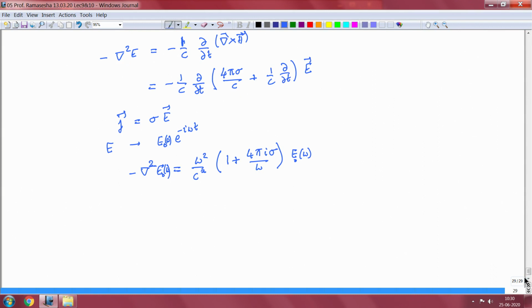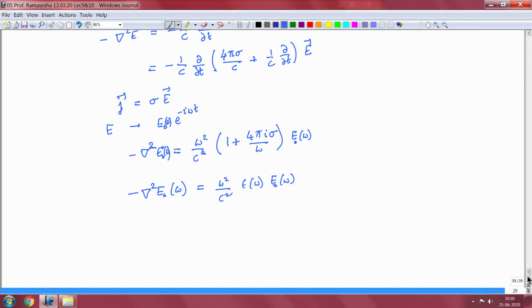Now what it means is I can write it down as minus del squared E naught omega is equal to omega squared by c squared times epsilon omega times E omega, where epsilon omega is the dielectric constant, and epsilon omega is given by 1 plus 4 pi I sigma by omega.